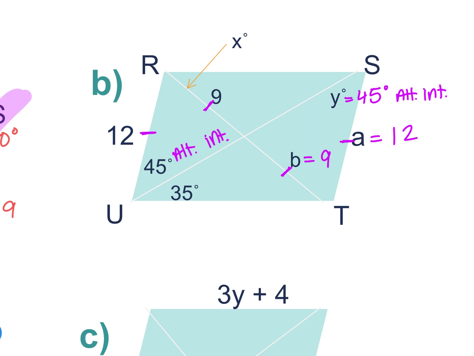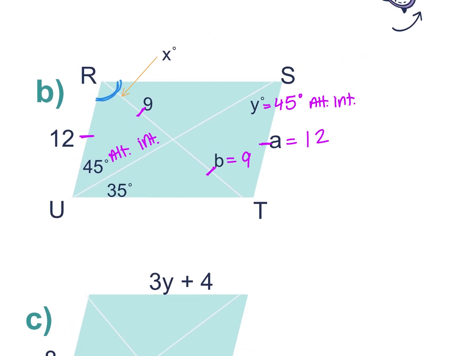And then X is a little confusing, so I'm just going to go over this one. It should be pointing at the entire angle. So in order for me to find this entire angle, going back to consecutive angles, if I add these two angles right here, it equals 180. It's not just 45. Remember, 45 is just for this part. I also have that 35-degree angle.